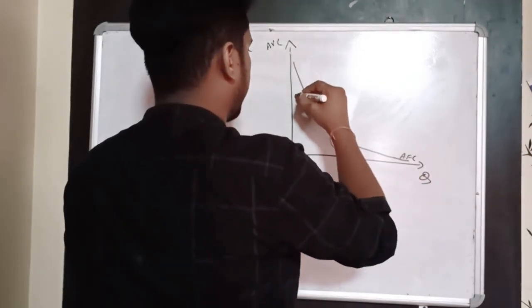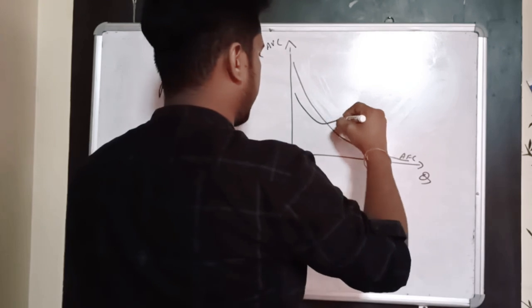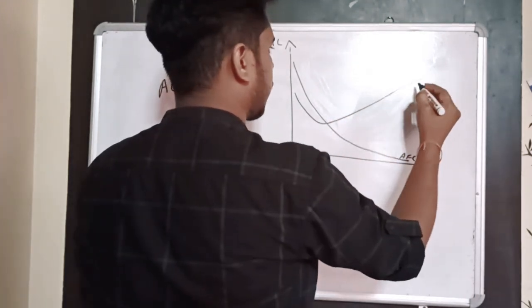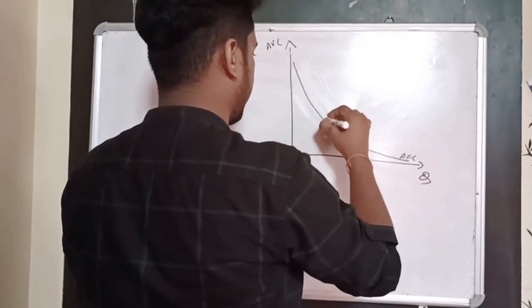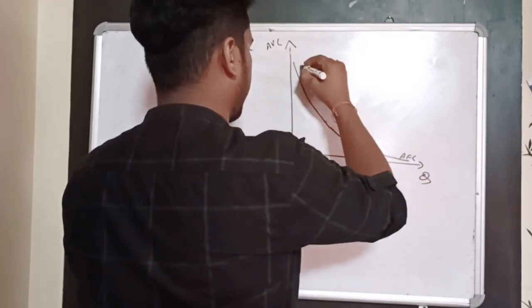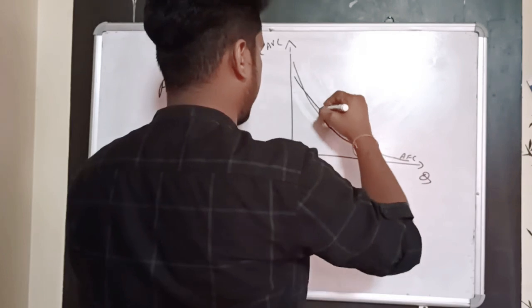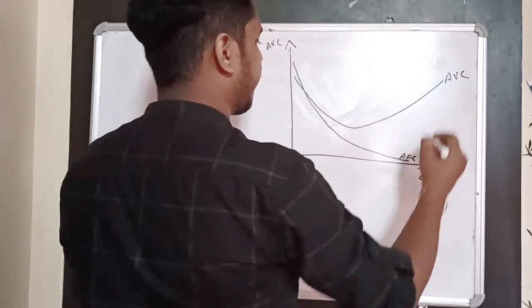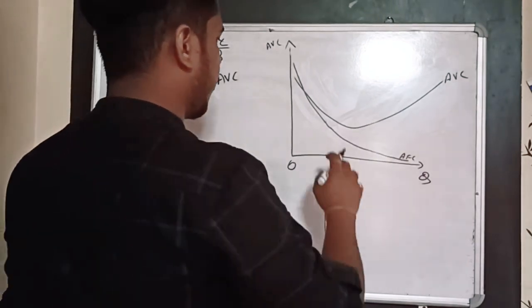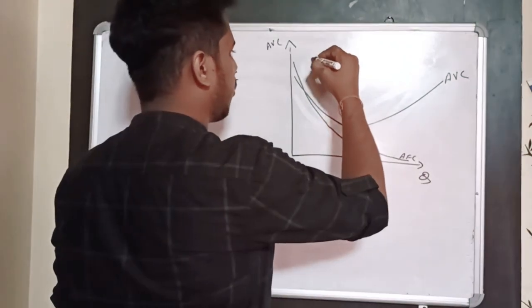Then we will draw the average variable cost curve, AVC, and then by adding these two curves we will draw the AC curve.